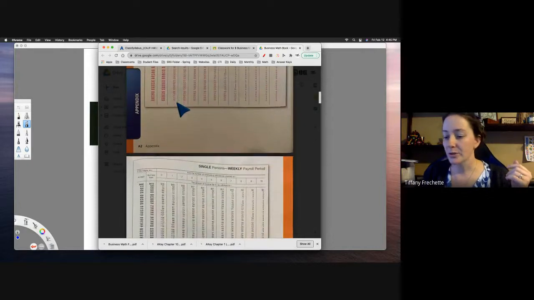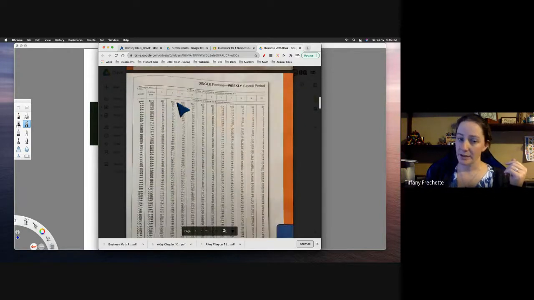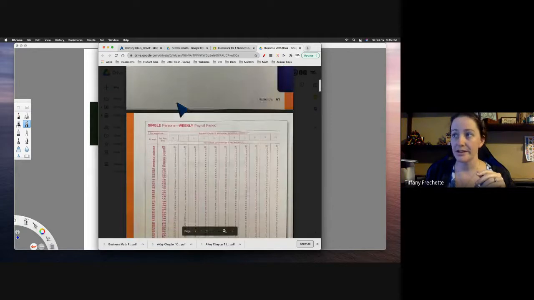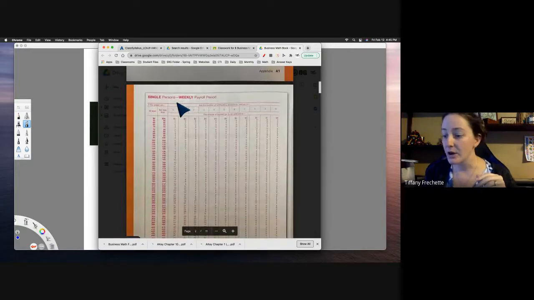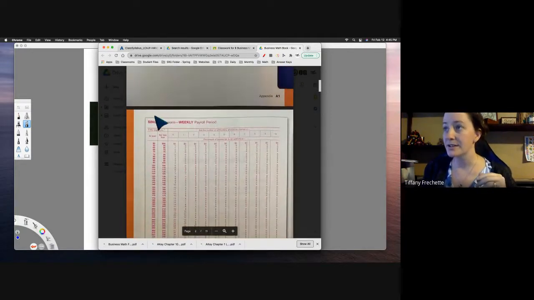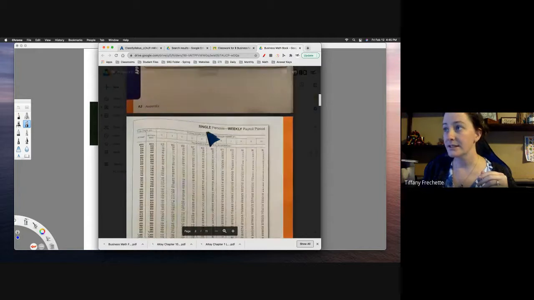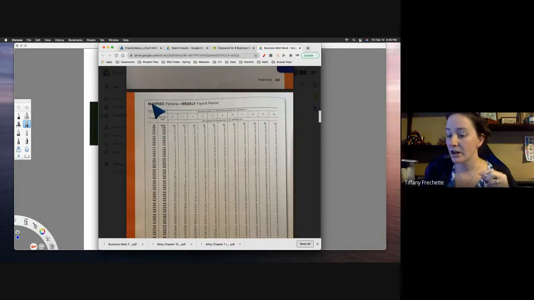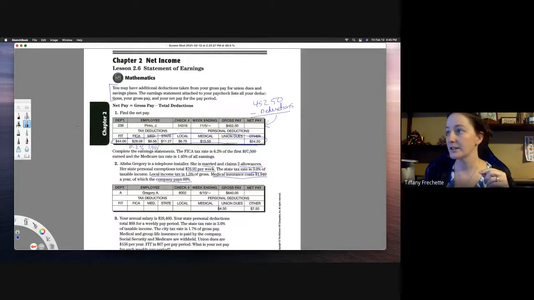We want to make sure that we're using this to calculate federal income tax. They're not asking us to do the percentage way, which was part of Section 1. They want us to use this table. It told us she was married, so we want to go to the married table.